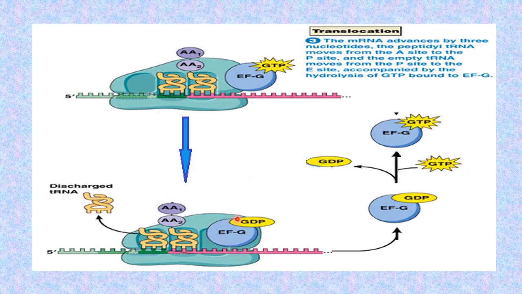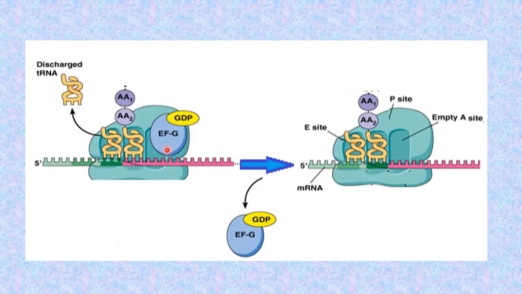Meanwhile, this elongation factor G is released, its GDP is replaced by GTP, and this elongation factor G is now again available for further translocation during this elongation cycle. Now, once this elongation factor G is released, this empty site A is available for another charged transfer RNA that will come and occupy this point, and again the same thing will happen.